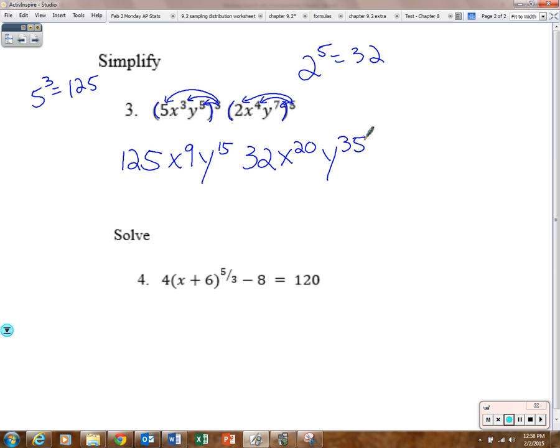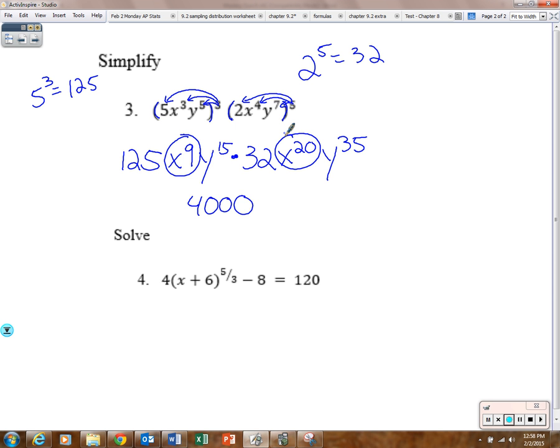All right, we are not done. Now 125 is a base, 32 is a base. They're bases, not exponents, so multiply them together. 125 times 32 gives us 4,000. Now we have x to the 9th and x to the 20th.